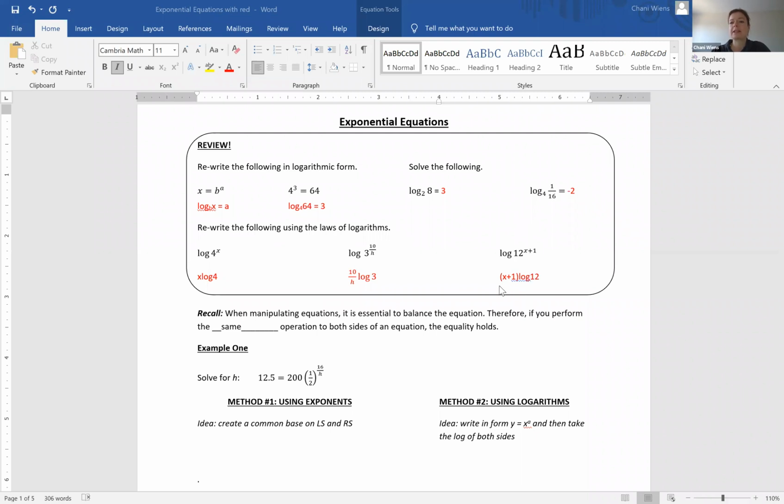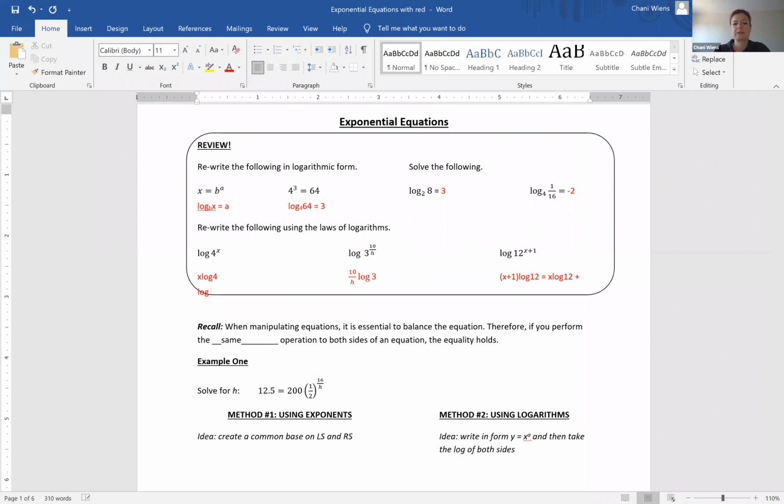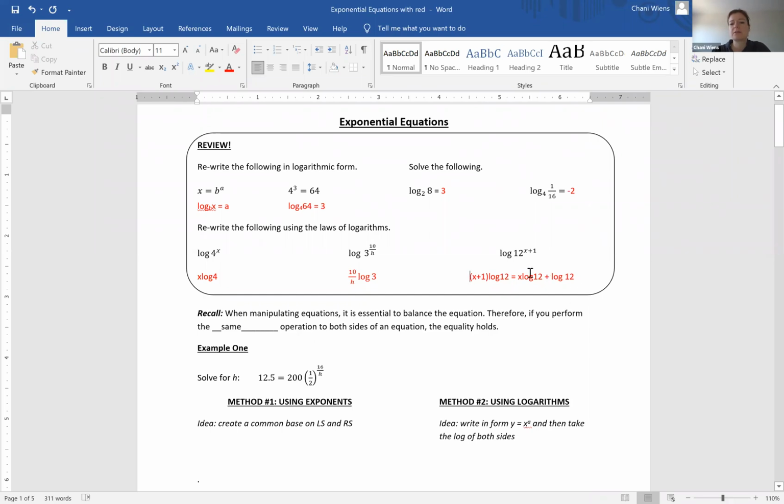So the entire sum becomes the coefficient. If you were expanding, this would become x log 12 plus log 12. This is crucial to understand, especially coming up in example 4 in the note.